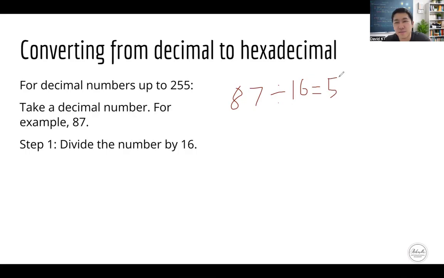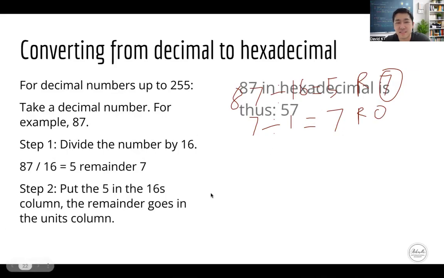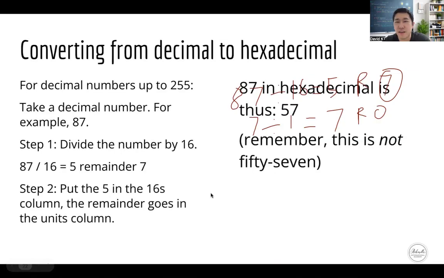Gives you 5 with a remainder of 7. Then take 5 divided by 16, which gives you 0 with a remainder of 5. And that's it. It becomes 0x57. Remember, please don't say fifty-seven.